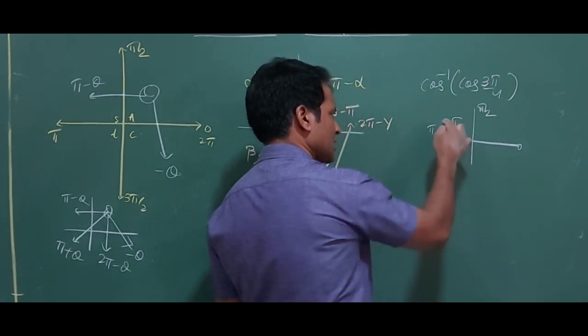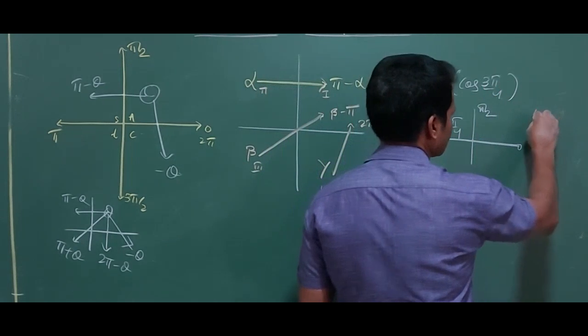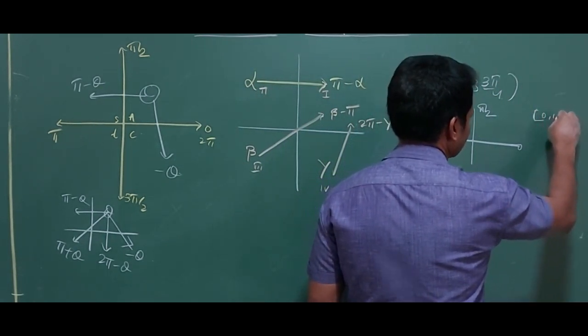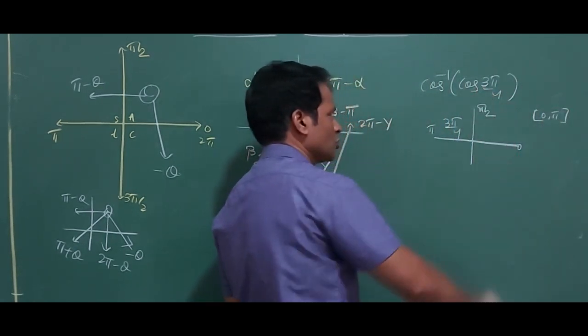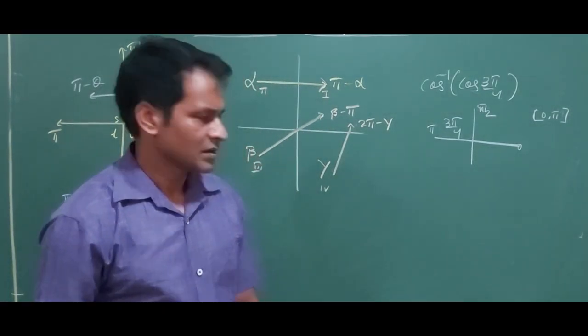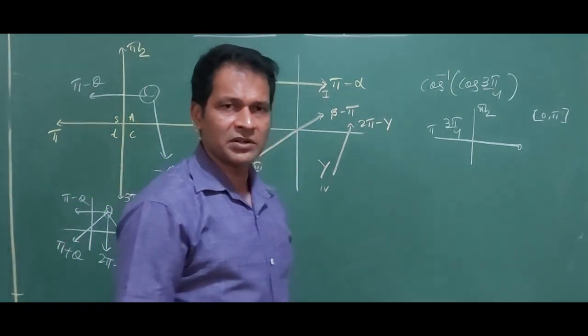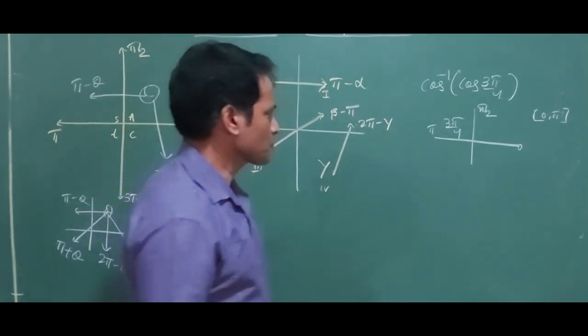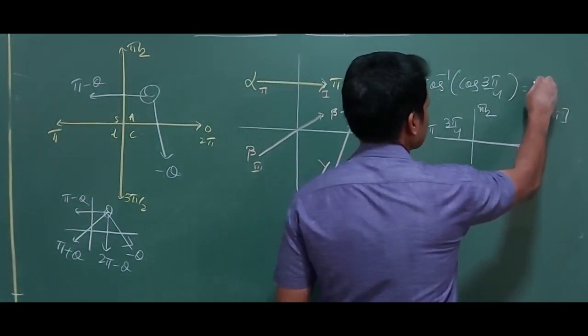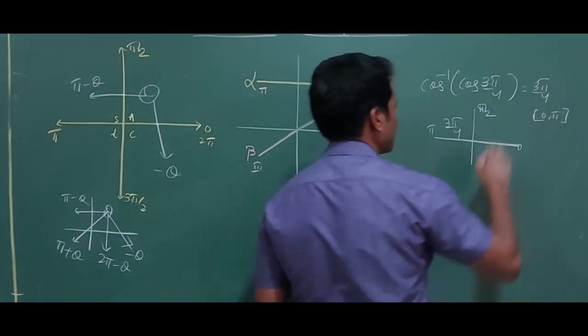In normal trigo cos is negative, inverse also negative, and the value lies between 0 to pi. If the value lies between 0 to pi, I don't have to do anything. The other cases I have shown you are not lying in the required range. So the value is in 0 to pi, this is the answer: straight to the answer, write down 3 pi by 4.